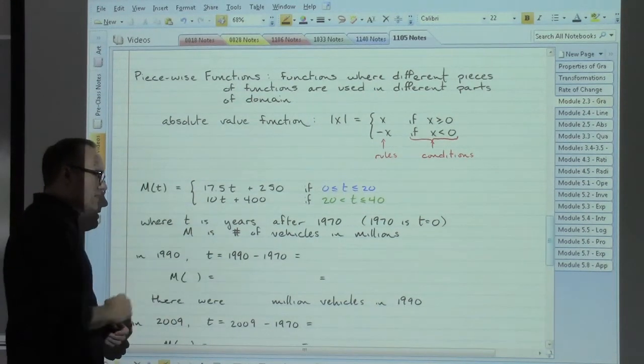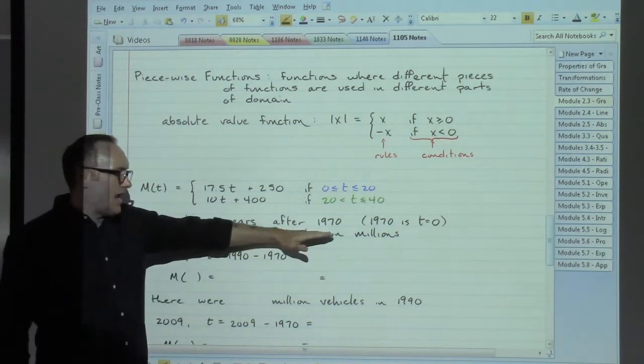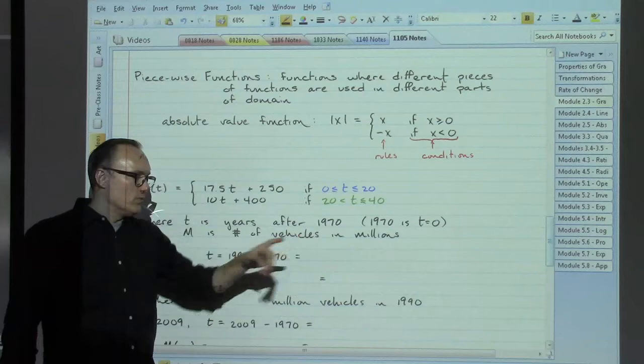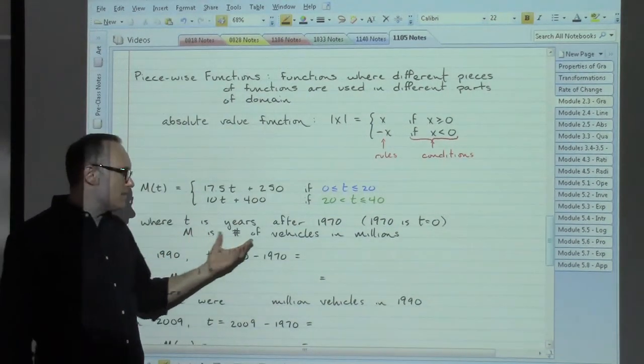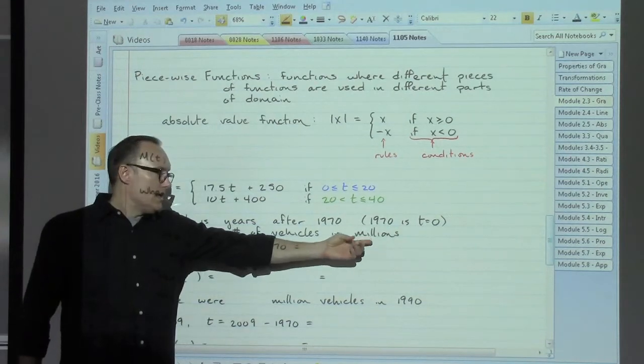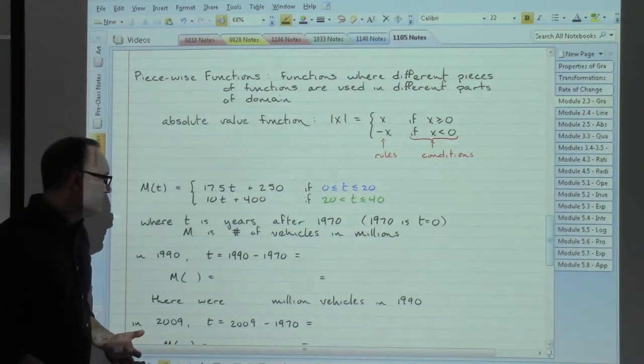Let's say that we've got this function that has t as the number of years after 1970. So 1970 means t equals 0. And our function is giving us the number of vehicles in millions, like the number of vehicles sold in millions.